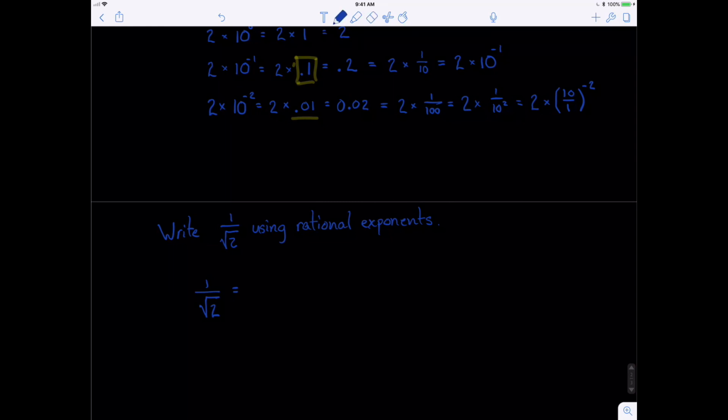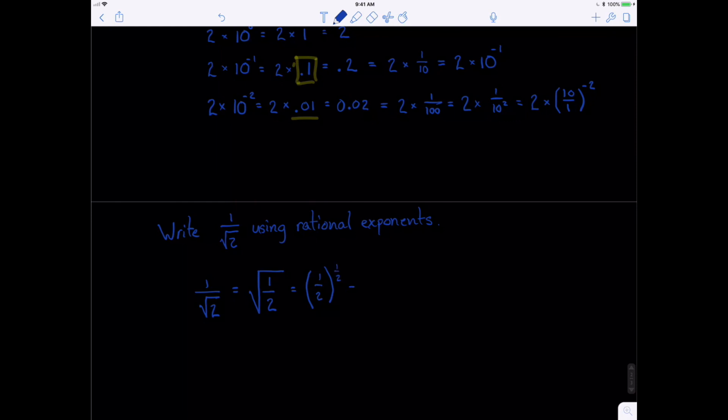Let's do this. This is 1 over the square root of 2. And remember, you could just extend the square root sign because the square root of 1 is just 1. Well, wait a minute. This is 1/2 raised to the 1/2 power.